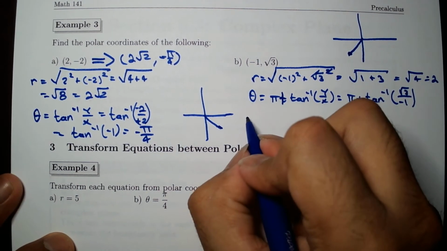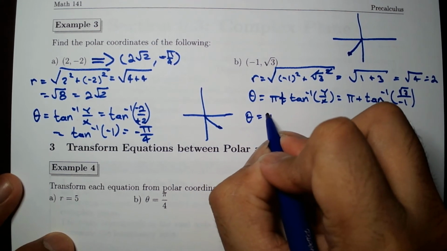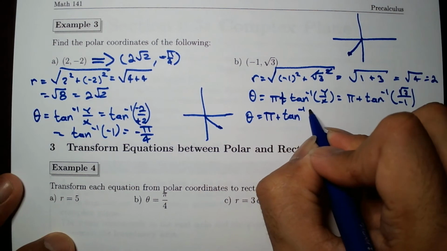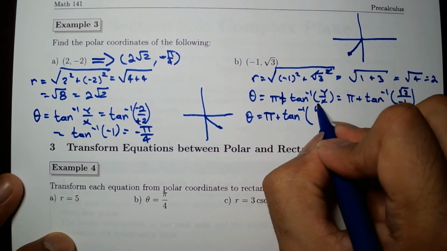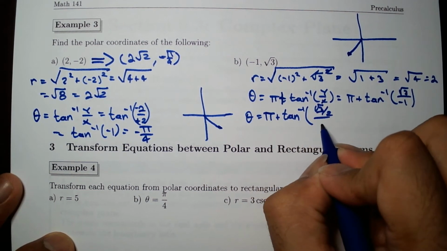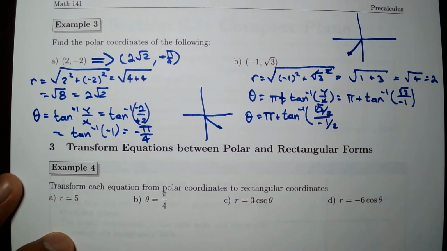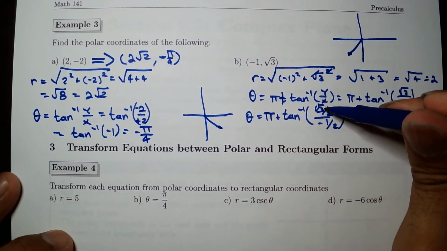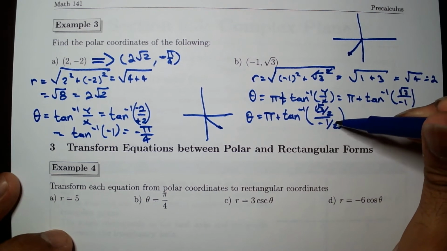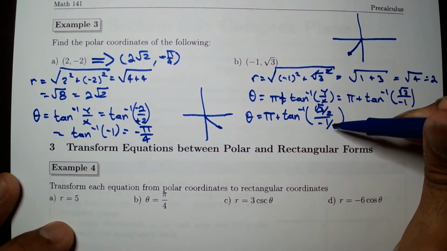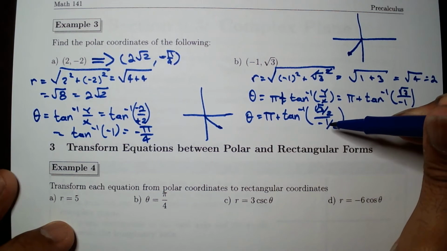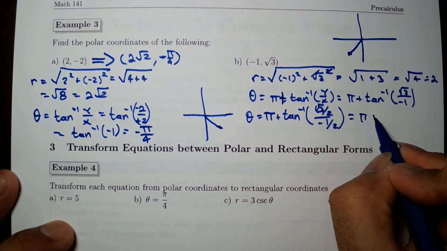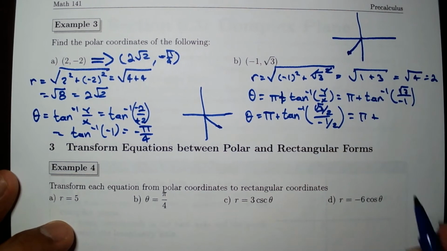So I'm going to rewrite this as pi plus tangent inverse of, that's a square root of 3 over 2 and -1/2. So the point in the unit circle where y equals root of 3 over 2 and x equals -1/2, in this case is 2 pi over 3.